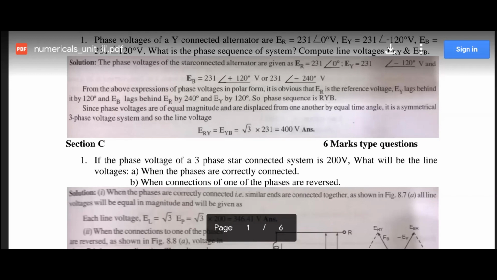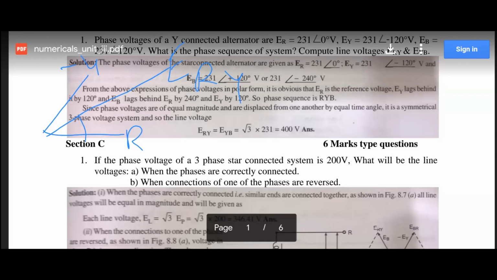We have explained in the phasor diagram that if these two are phasors, inverse phases, if this is R phase and this is minus Y phase, and we have done the parallelogram of vector addition to get the ERY, so what will be the angle between the R phase and the line voltage?